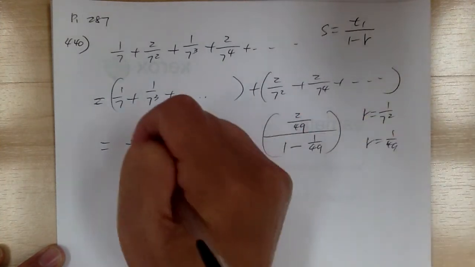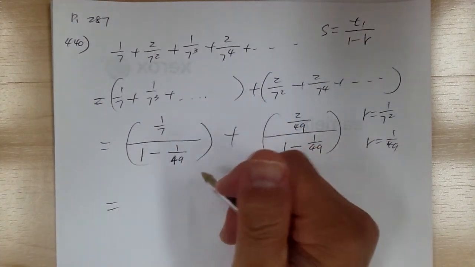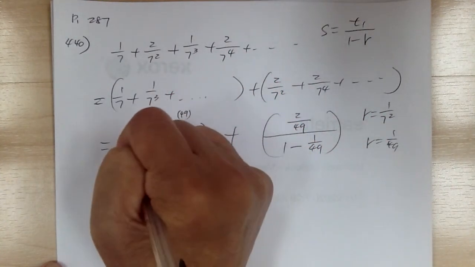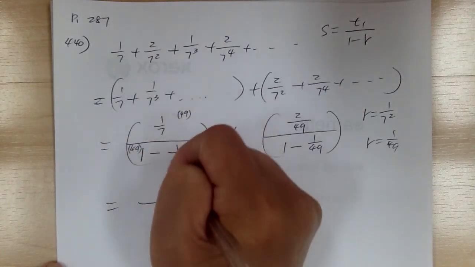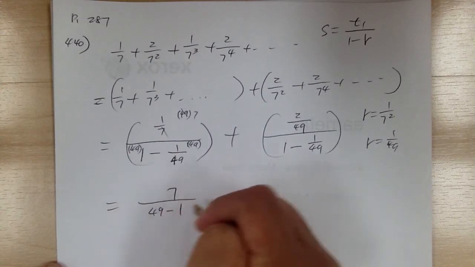Now you have to work these out. To work this out, you can multiply by the common denominator, so multiply by 49 for each term. You're going to get 7 over 49 minus 1.